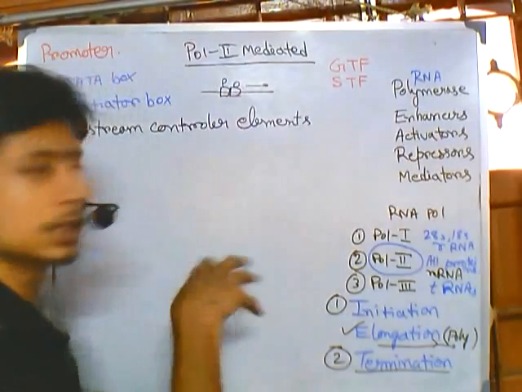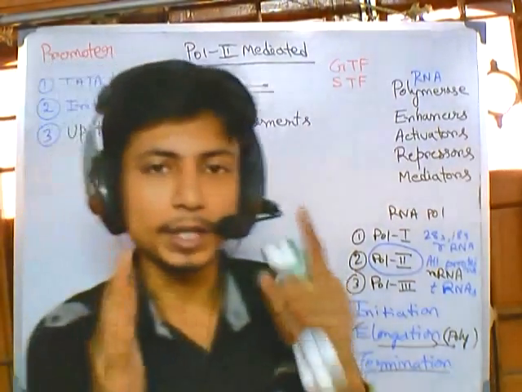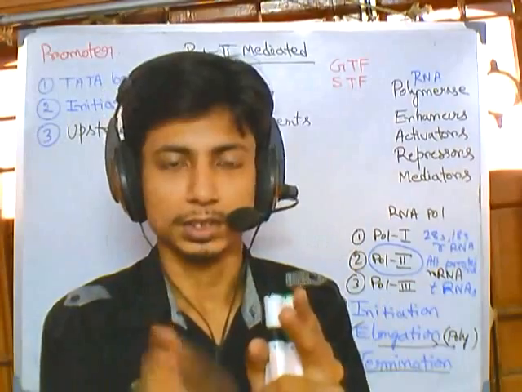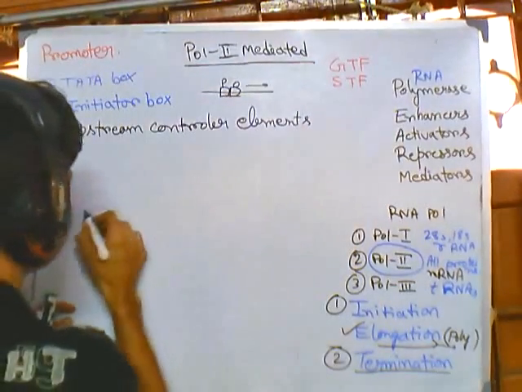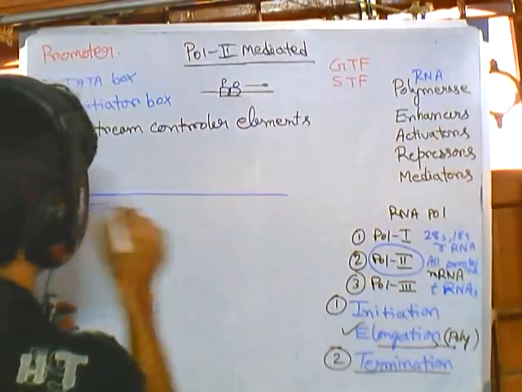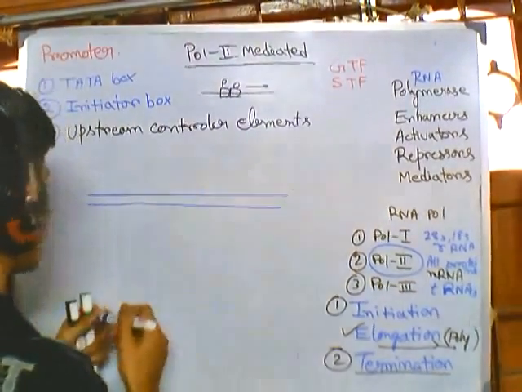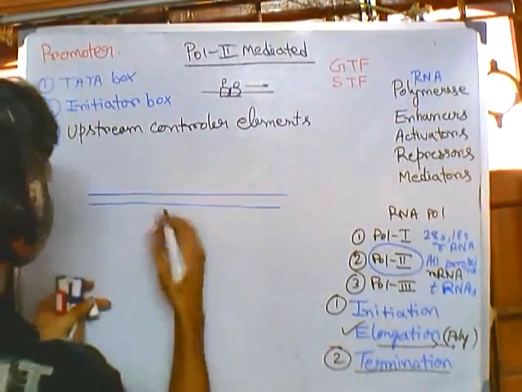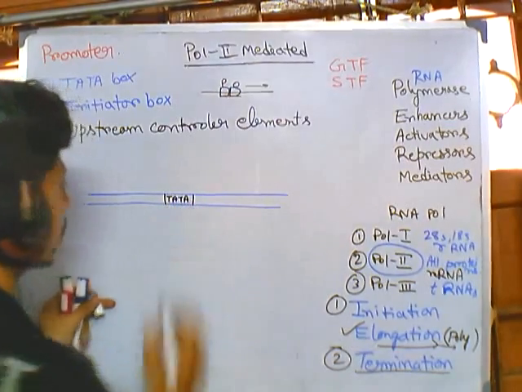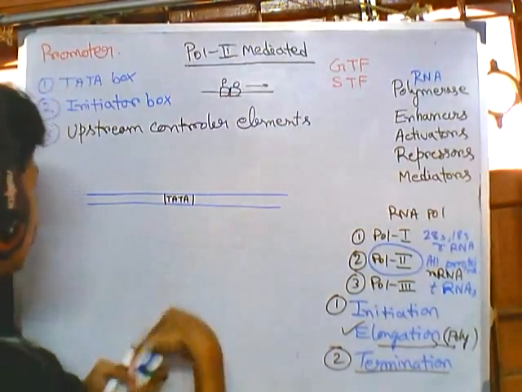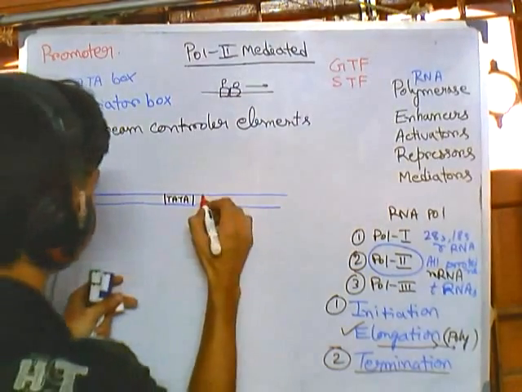But in the eukaryotic system, the promoter may not be placed only once. So say this is the DNA of our interest. In this DNA we have the Tata box here, and further downstream we will have the initiator box.